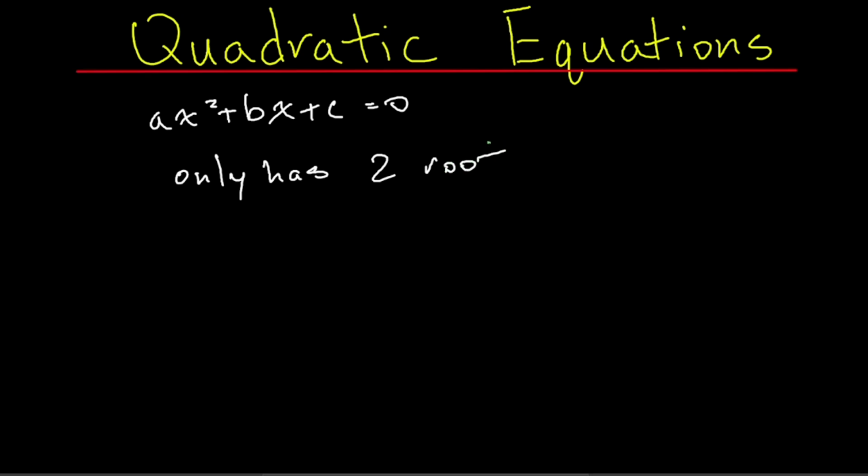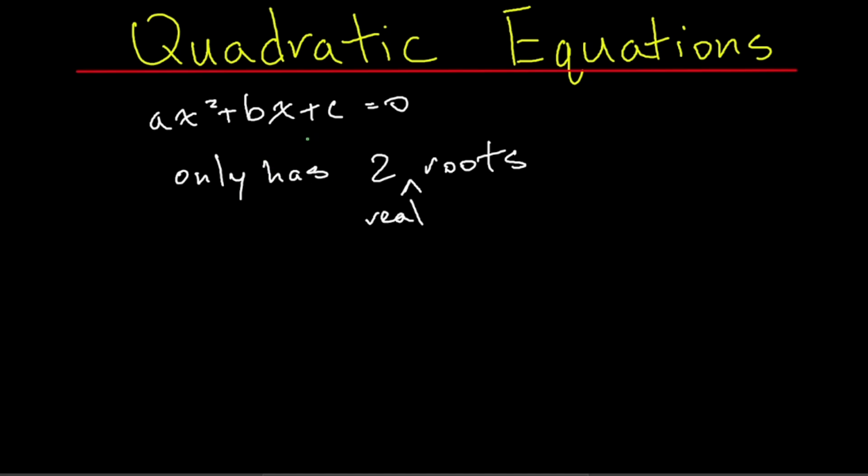And it can have one, or it can have no, or two real roots, I should say. Or two roots in general, but they can be real or complex. But if you have a quadratic equation, it's impossible for it to have more than two roots. They could be identical roots, in which it would be one root, but technically we call that a double root.